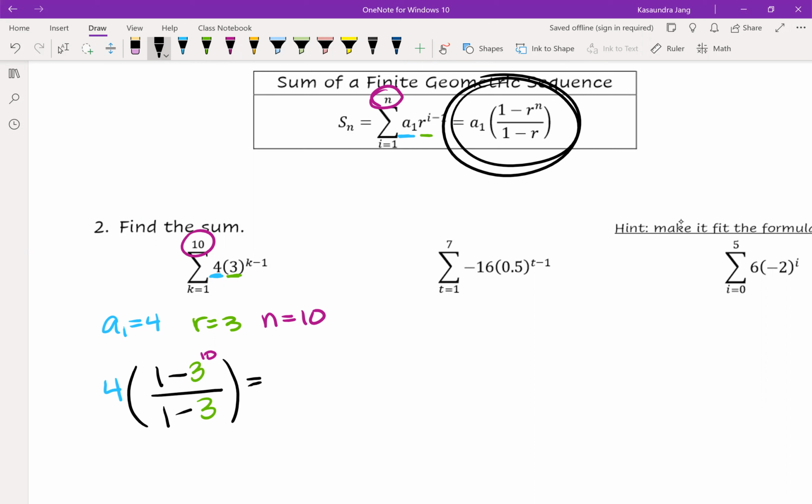This could get kind of messy, especially like 3 to the 10th is pretty huge. I would probably leave that alone for a sec. I do know 1 minus 3 is a -2. I also know that 4 divided by -2 is -2.